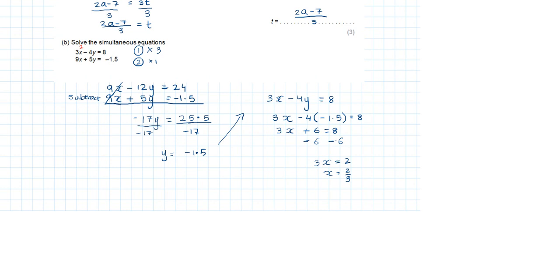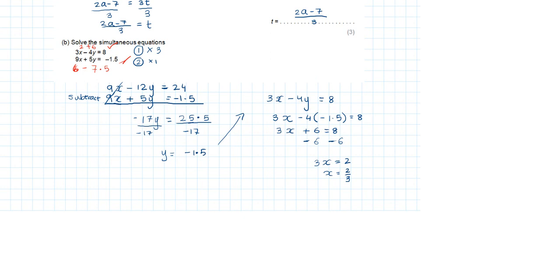And when x is 2/3, 9x is 6. Okay, and plus 5 times minus 1.5 is minus 7.5, and 6 minus 7.5 is minus 1.5, so it works here as well. So these two answers are correct.